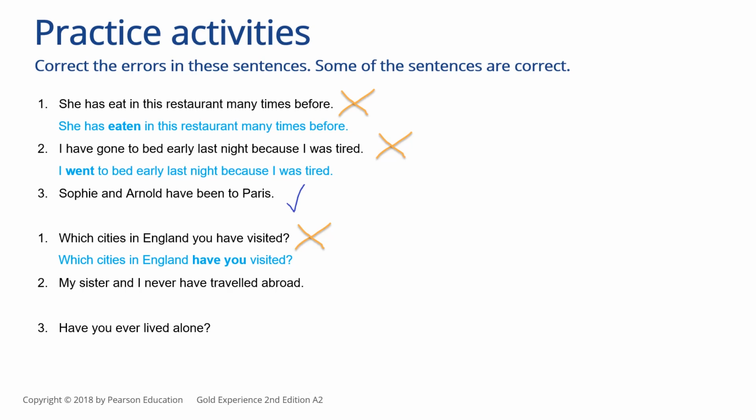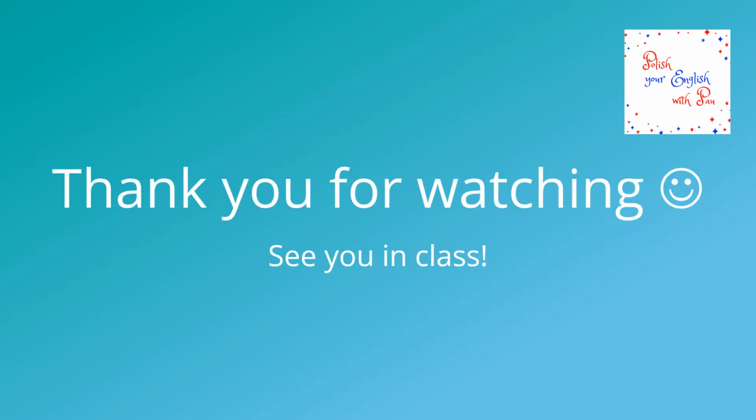My sister and I never have traveled abroad. The word order is wrong again. My sister and I have never traveled abroad. And finally, have you ever lived alone? This sentence is correct.